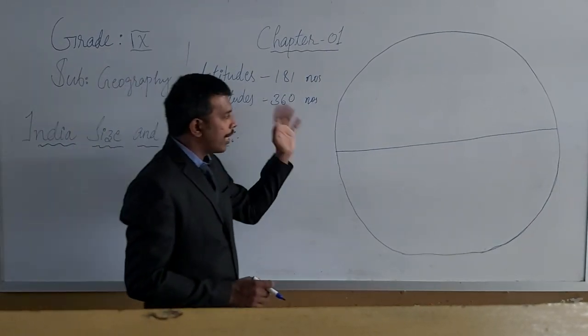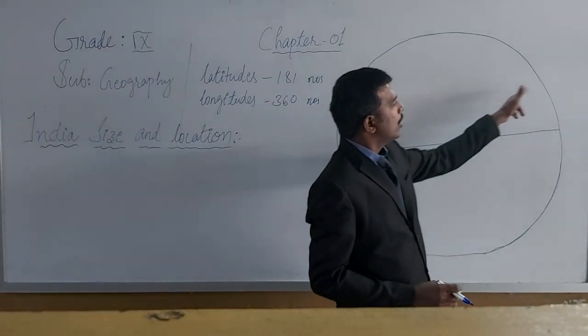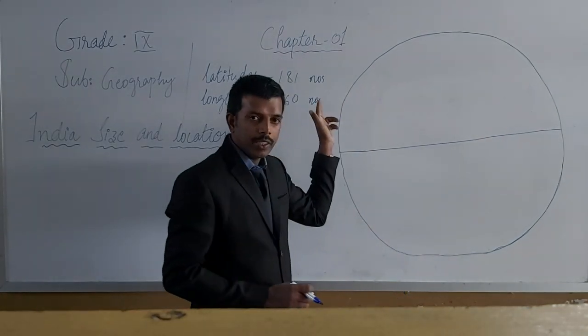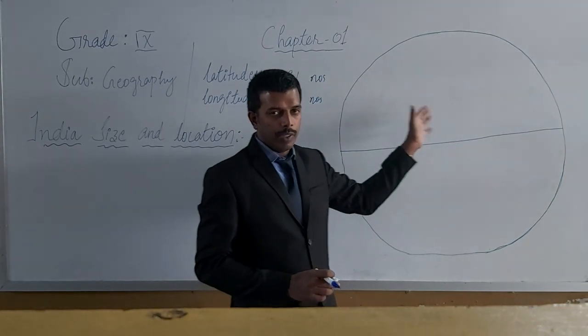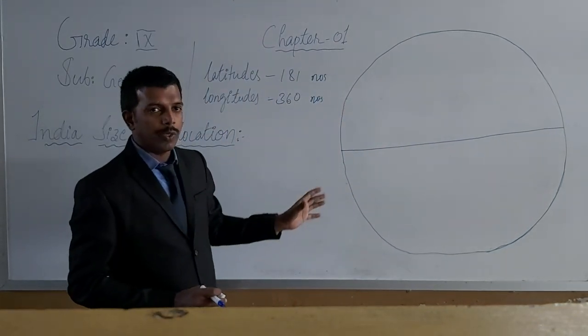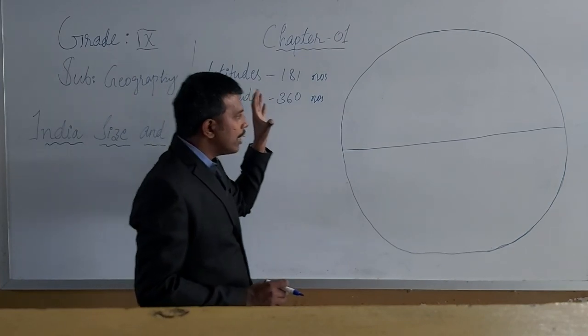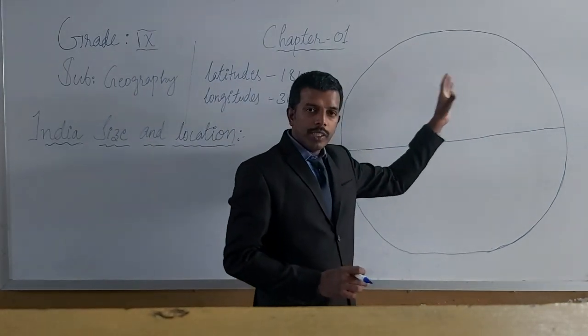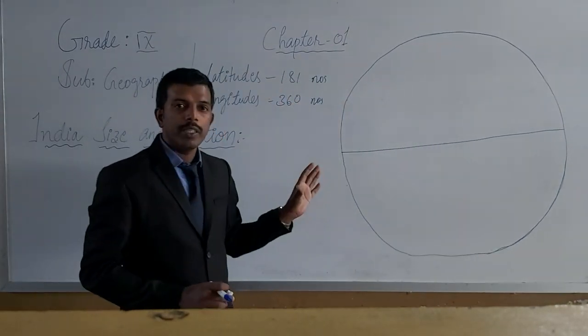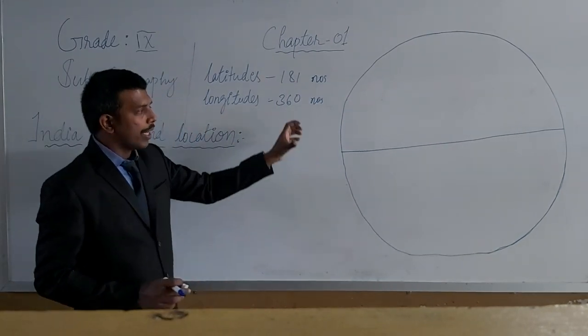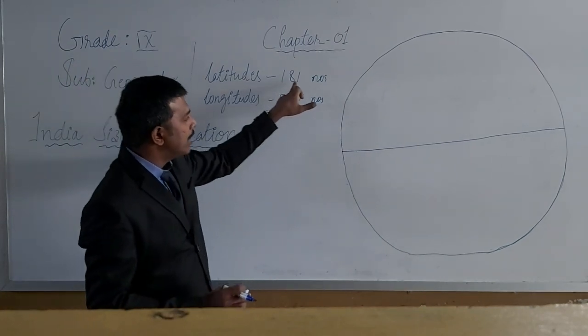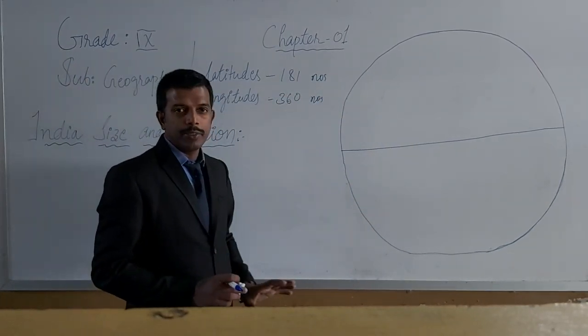The lines that run from east to west, we call them latitudes. Once again, dear students, the lines that run east to west are called latitudes. On the globe, we will get 181 latitudes.